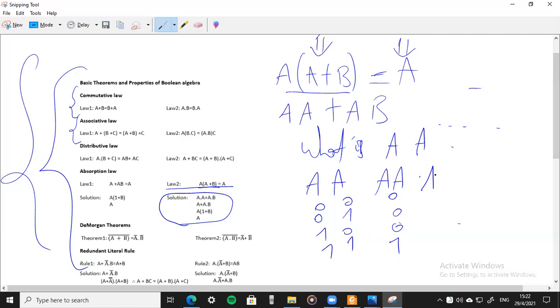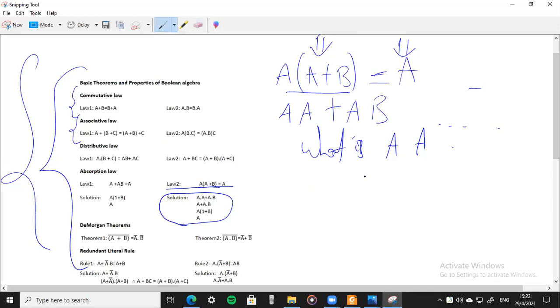What is AA? AA is the same as A. Is this true? We have only one input here. I want to prove AA equals A using the truth table.